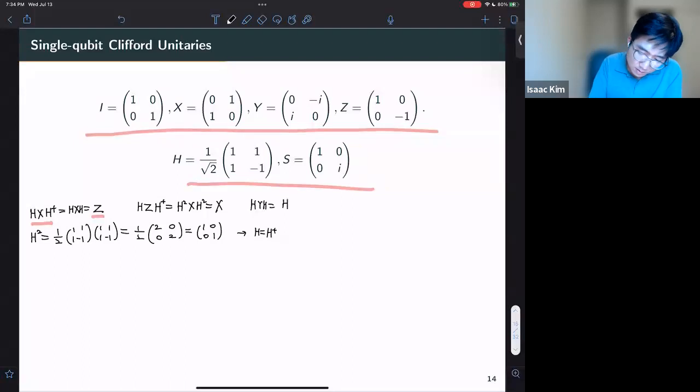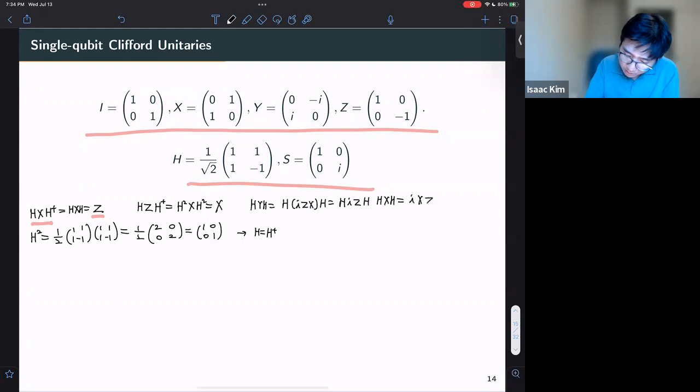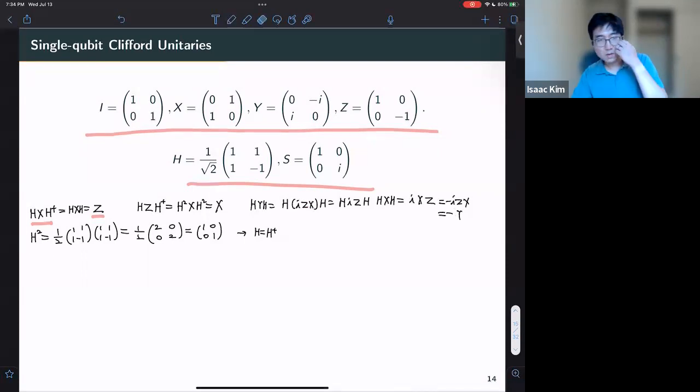This is H, i, Z X, H. But H squared is identity, so I can stick in an H squared over here, as a resolution of the identity. And that's simply equal to i X Z, which is minus i Z X, which is minus Y. So Y is mapped to minus Y.